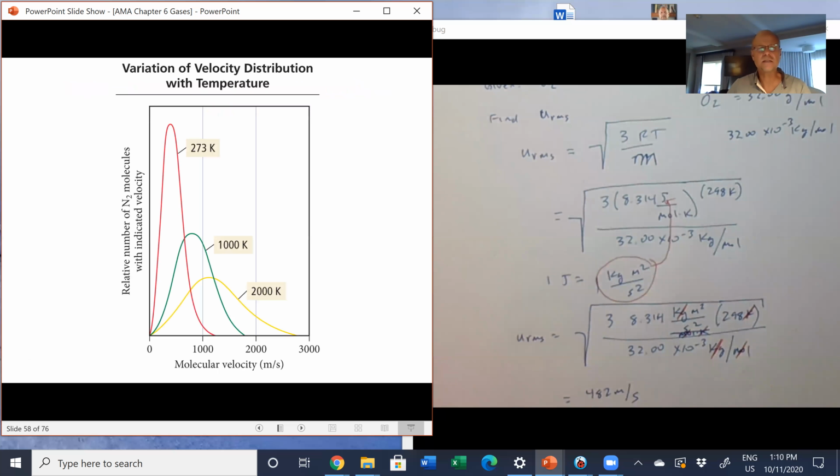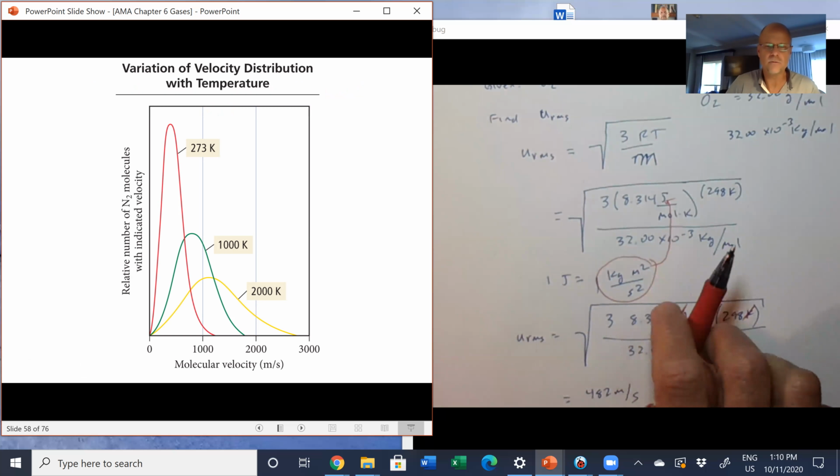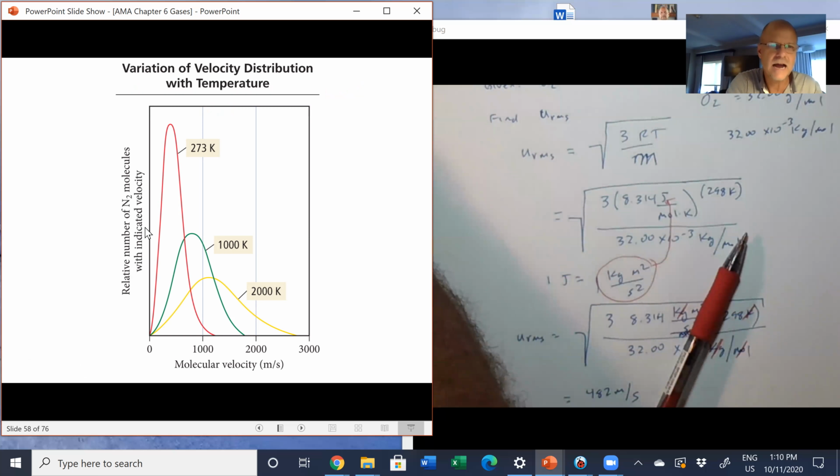What happens if we change the temperature? Here we have a graph of root mean square velocity of nitrogen at different temperatures. And here what I've plotted is not just the root mean square, which is near the top, but rather the whole distribution of molecular velocities. You won't have to plot this, but I just want you to see what happens.